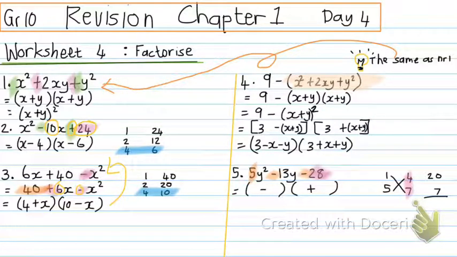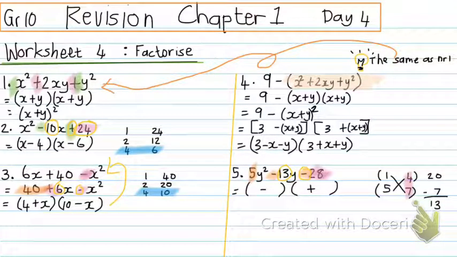Then I have to ask myself, can I subtract those 2 things, 20 and 7, to get 13? Yes, I can. 20 minus 7 is 13. So these will be my 2 brackets.